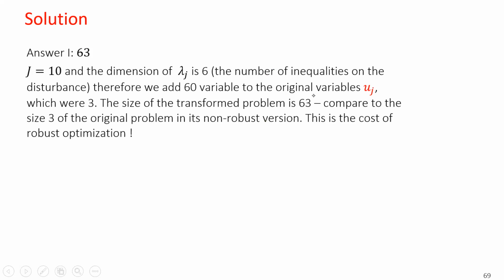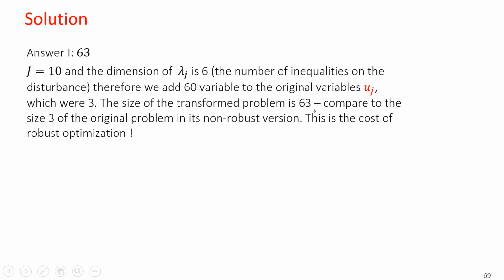And then we had the 3 original variables, U, V, and G3. So that gives 63. So in this very simple control system, where we're controlling only one of the generators, and the control law has only one common gain for all the loads, the dimension becomes 63.